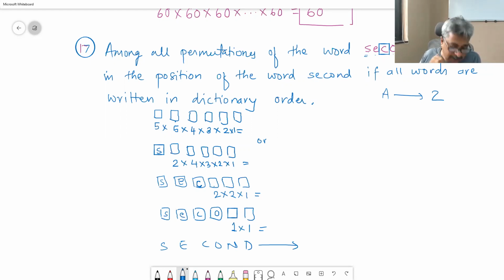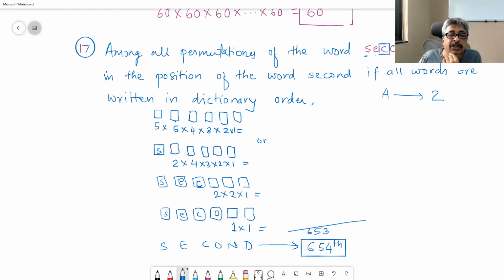So how much is this before? I think it is 653 if you add all of them. Therefore, the position of SECOND is 654.